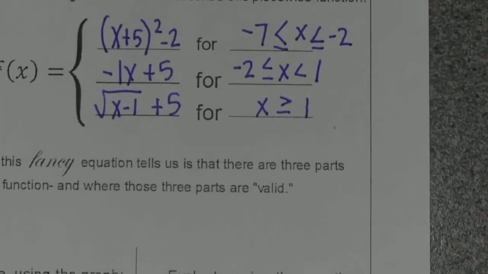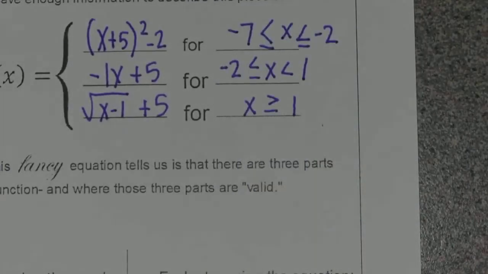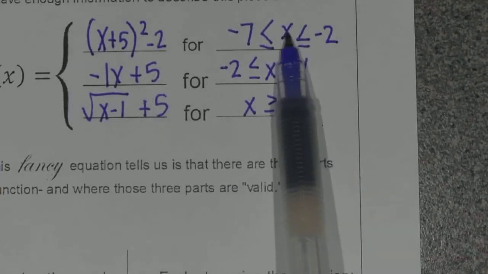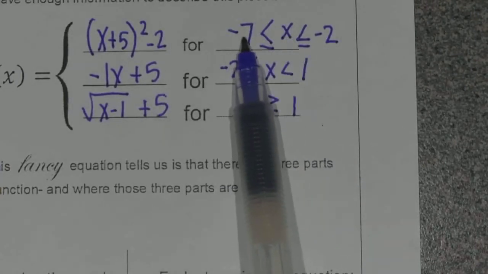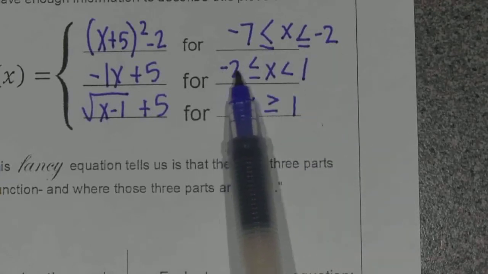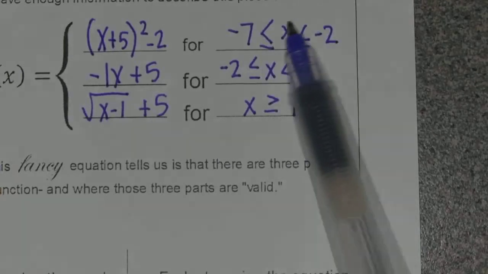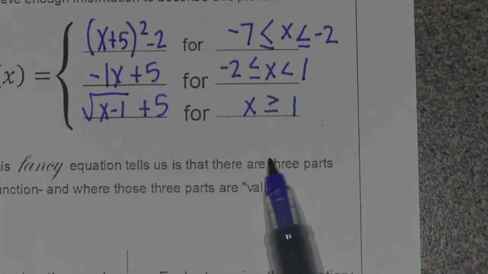I first will go up here and find which of the equations I can use. So my x value is -4. So is -4 in between -7 and -2? Or is -4 in between -2 and 1? Or is -4 greater than 1? Do you see how I use these restrictions to decide which equation to use?